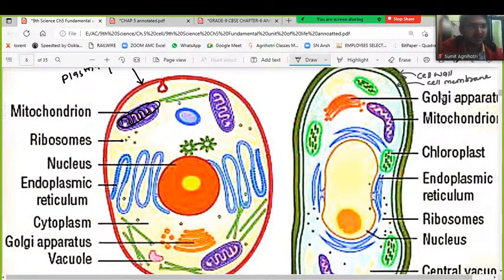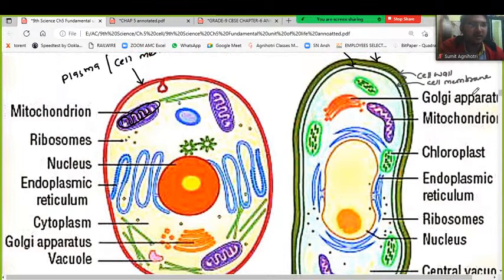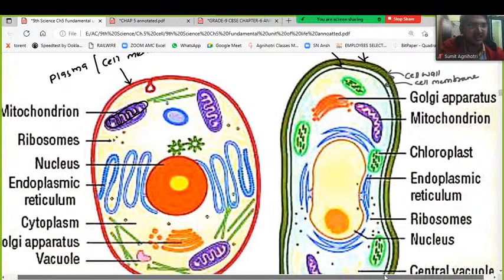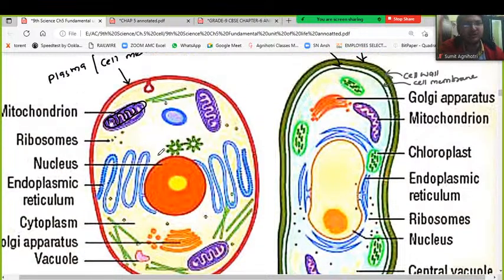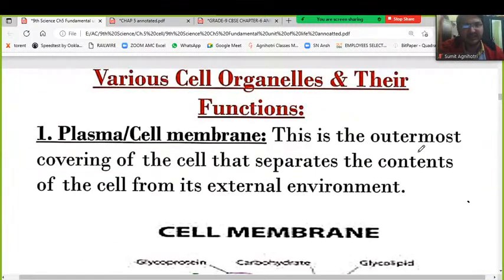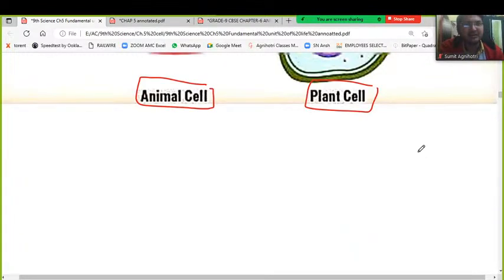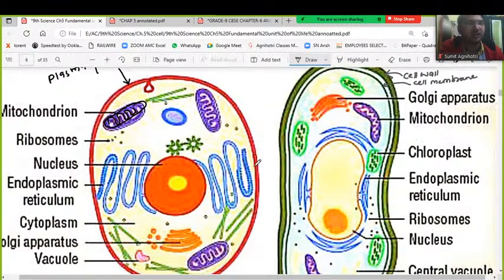Here large vacuoles are there, and here we have again all these organelles: Golgi apparatus, mitochondria, chloroplast, endoplasmic reticulum, ribosome, nucleus. But vacuoles are a bit larger here in the plant cell. I want you to draw these diagrams in your examination about animal cell and plant cell.